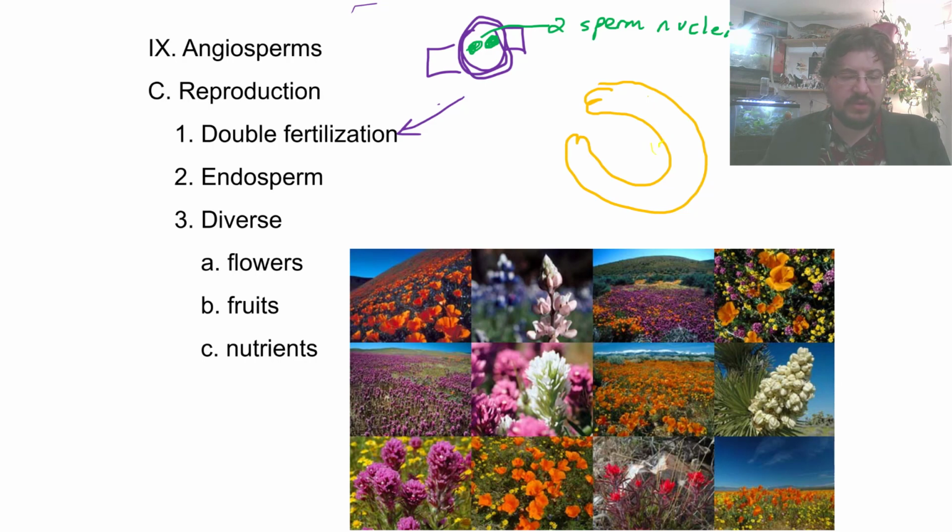Oh, yellow is not very visible on this slide. Oh, this is looking real good. Nope. Just gonna nope on out of that. Try that one more time.